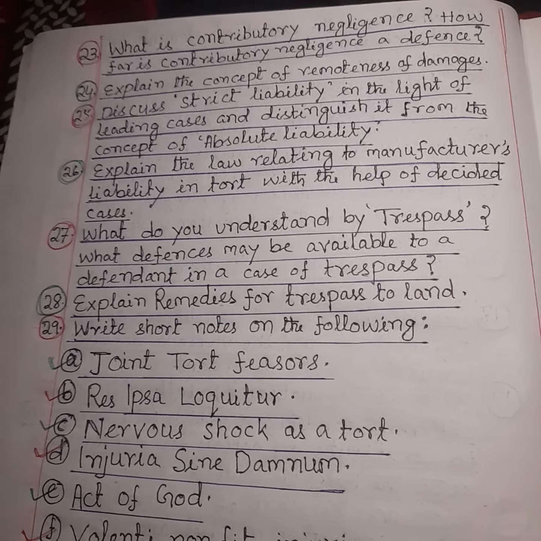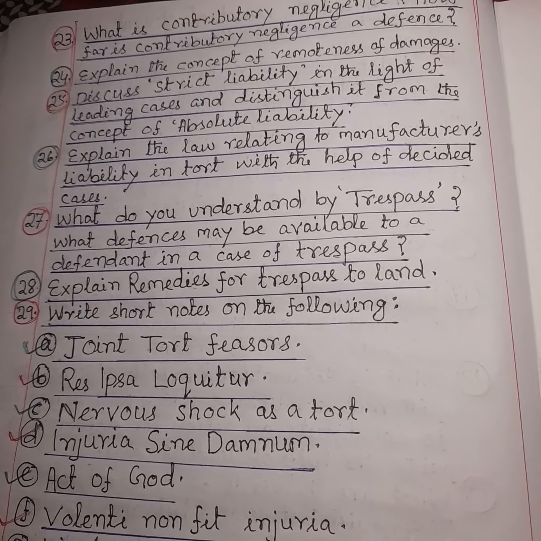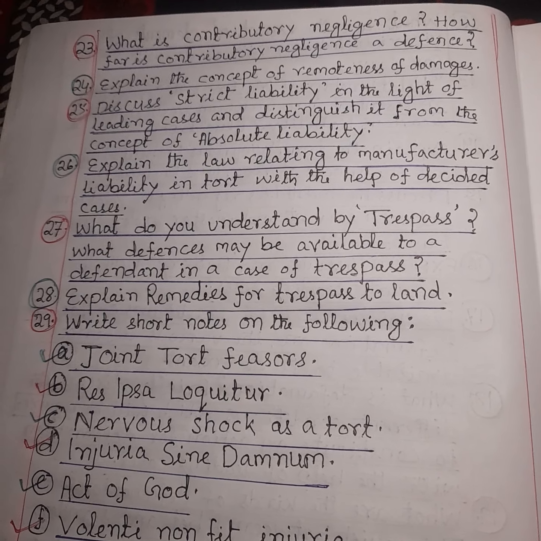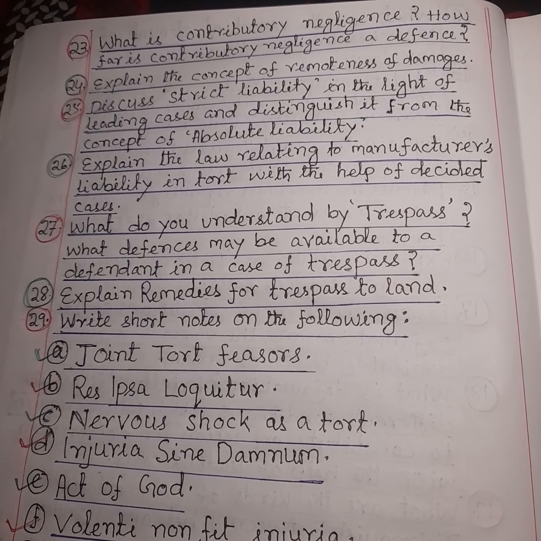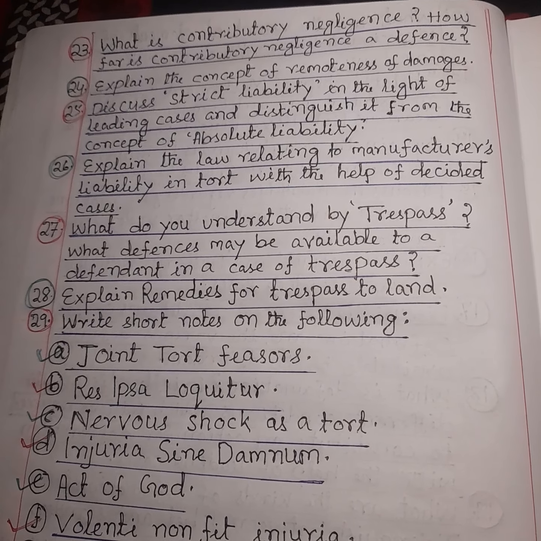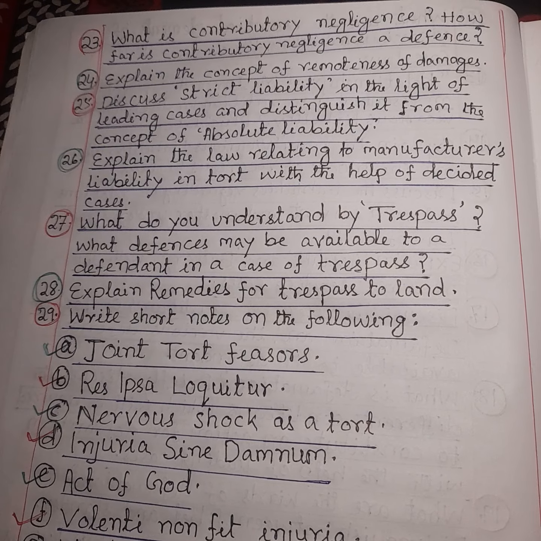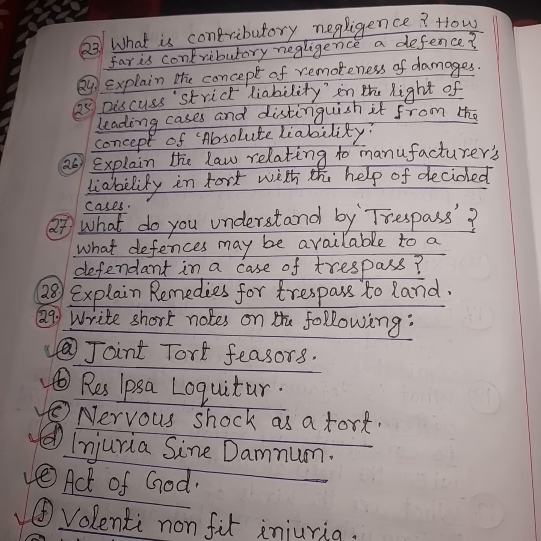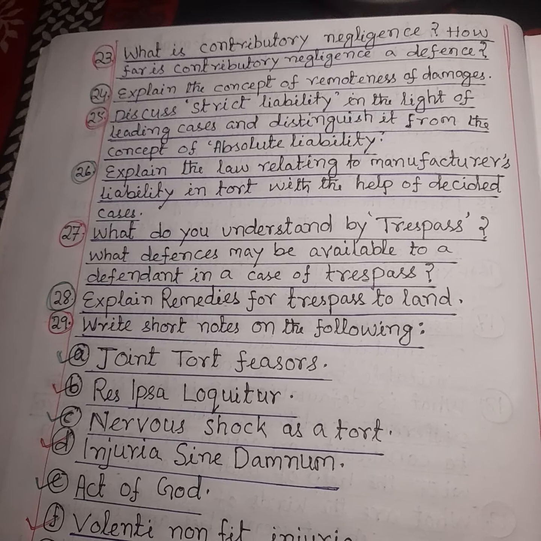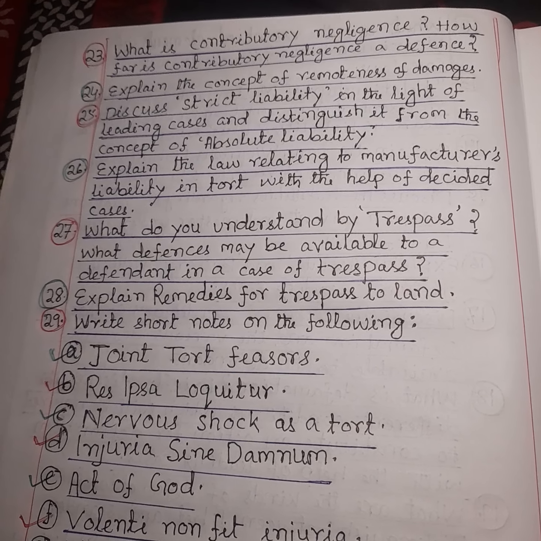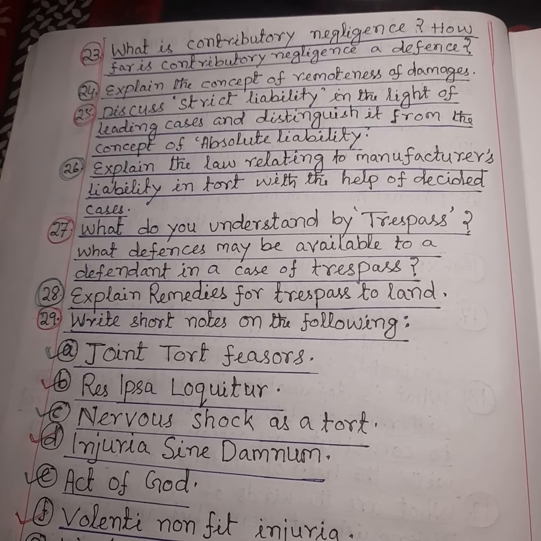Res ipsa loquitur means the thing speaks for itself, and this maxim was first applied in the leading case Scott versus London and St. Katherine Docks Company, 1865, where the court expressed that if an accident under the management of the defendant or his servant would not have happened in the ordinary course of things if proper care was taken, then it would be considered negligence on the part of the defendant.